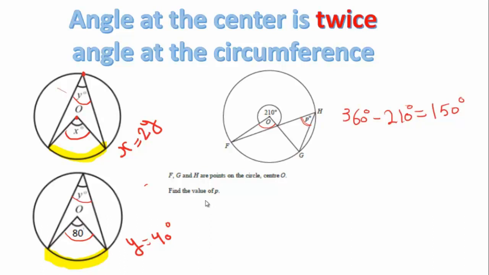My advice, especially in circle theorem questions, once you find an angle, please write it on the diagram because it will help you in your question. Here again, angle P, we can find it easily now because both of them are sharing the same arc. So angle P equals half of the 150, which is 75 degrees.